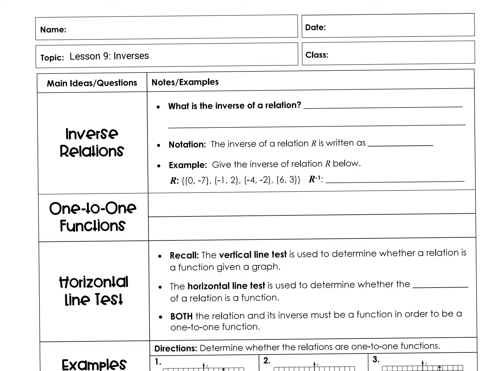Okay, so we're going to look at inverse relations. What is the inverse of a relation? Our formal definition here: it is a relation that reverses, you can think of reverses or undoes, another relation. Now there's a special notation that we use whenever we're talking about inverses.